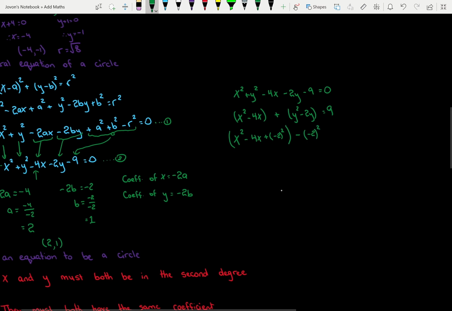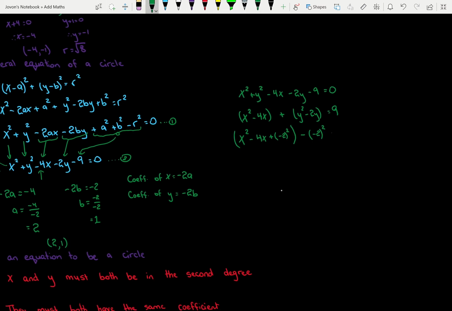Then we have plus, same thing here, y squared minus 2y, and then we add in a half of the coefficient of the y term, which is minus 1. A half of minus 2 is minus 1, all squared. And remember, since we are adding inside, we need to subtract outside, so it becomes minus 1 all squared, is equal to 9. Then we get x minus 2 all squared.